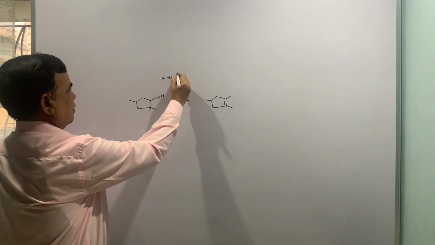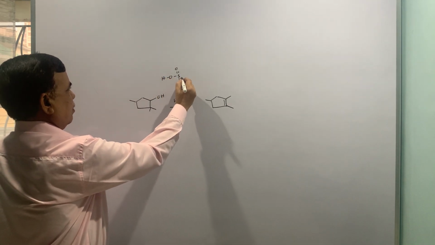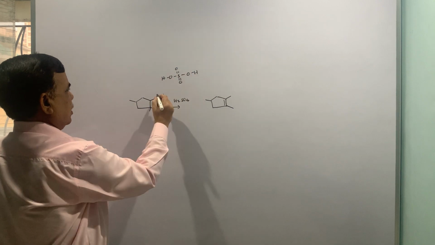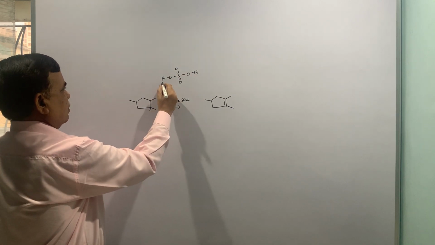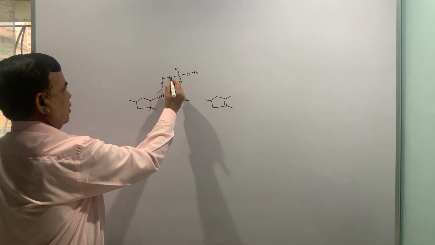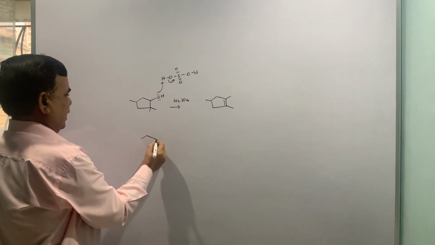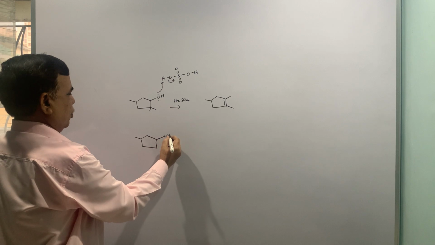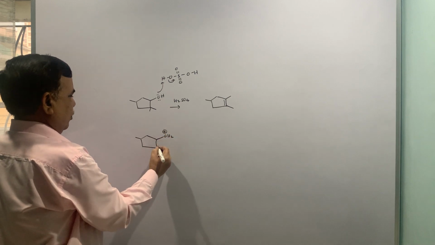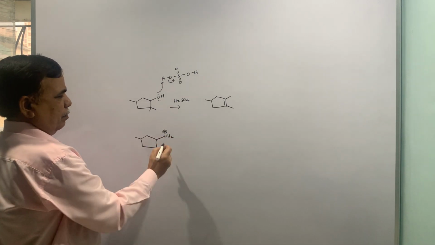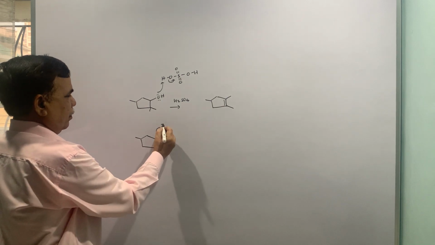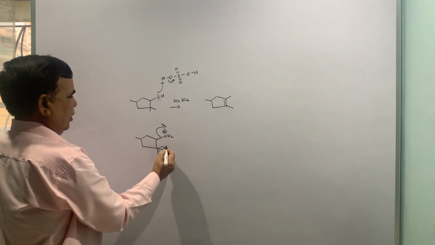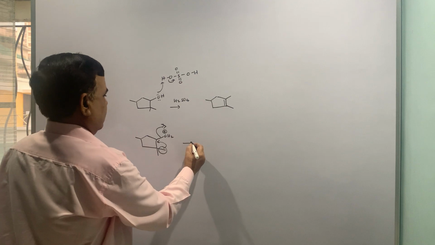H2SO4, if you want to show this structure, then this is how the proton is abstracted. So H2SO4 is nothing but the source of proton. OH becomes a good leaving group, that is OH2 plus, this goes off, one of the methyls migrates here.